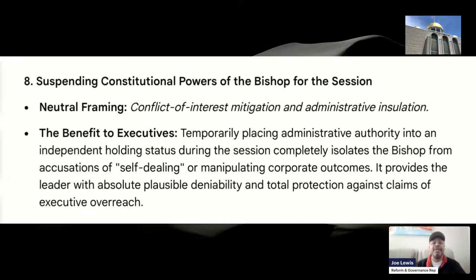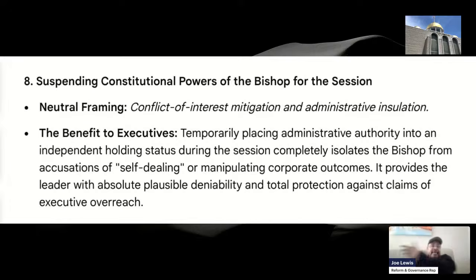Conflict of interest mitigation and administrative insulation. The benefit to executives: it temporarily places administrative authority into an independent holding status during the session, and it completely isolates the bishop from accusations of self-dealing or manipulating corporate outcomes.